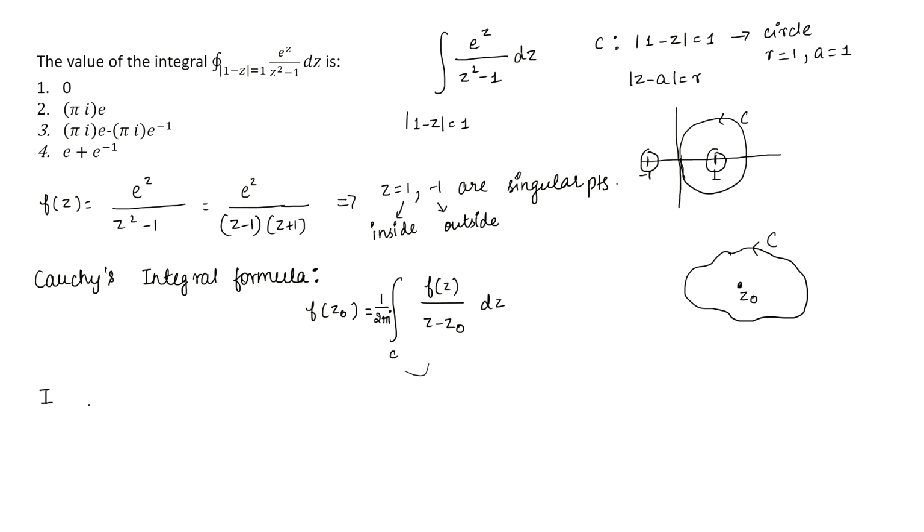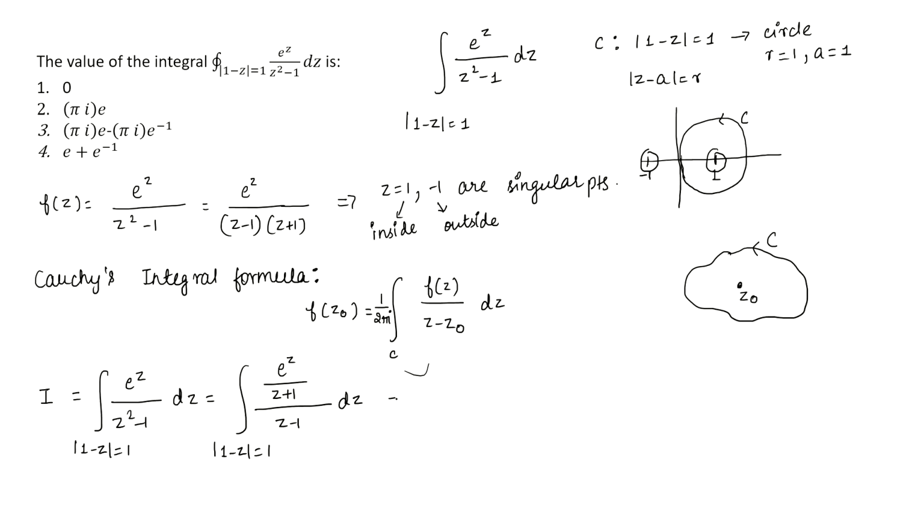So when we have to find the integral, we can write it as the integral over |1 − z| = 1 of (e^z / (z + 1)) / (z − 1) dz. Then z = 1 is a point lying inside the circle, and e^z / (z + 1) is an analytic function in the circle C.